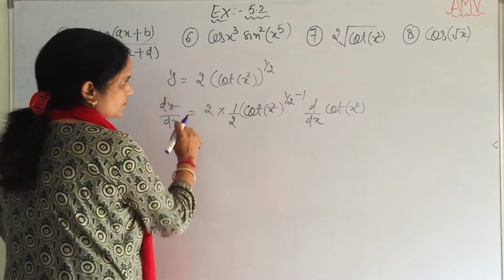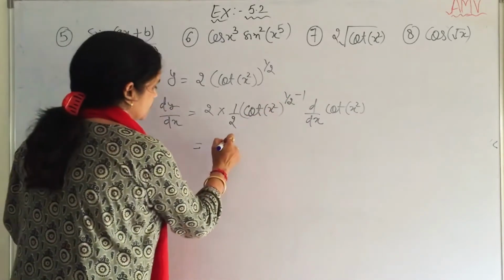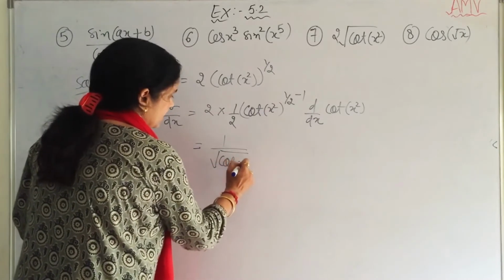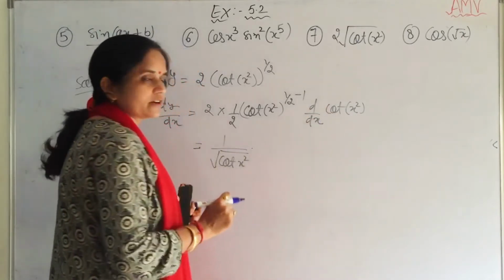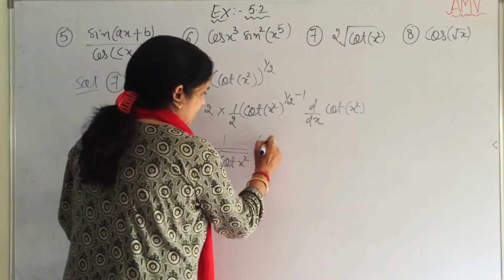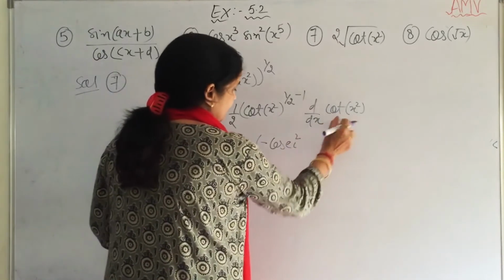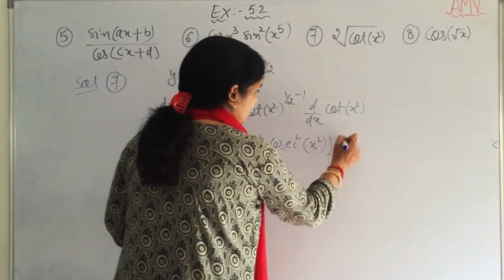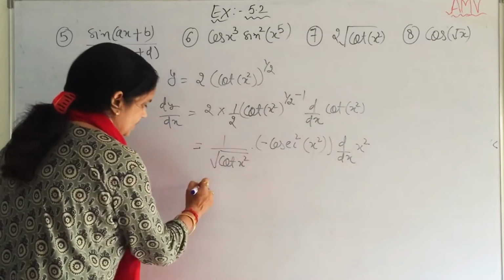From here 2 will cancel, and the power is minus 1 by 2, so we can write here cot x square. Now the derivative of cot x is minus cosec square x. Here in place of x it is x square. Now again the derivative of x square.